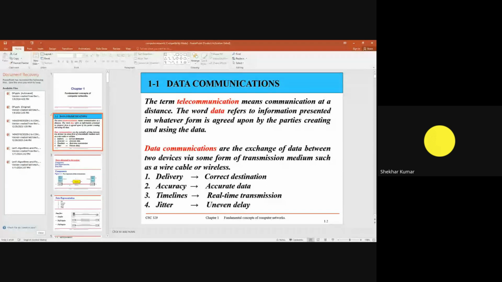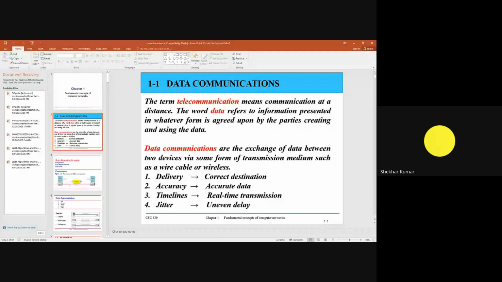This is your telecommunication. And data communication is the exchange of data. That is the data transfer between two devices. What are these devices? These devices may be anything. They may be the same device or different types of devices. It is data transmission, exchange of information between the devices with some form of transmission medium.